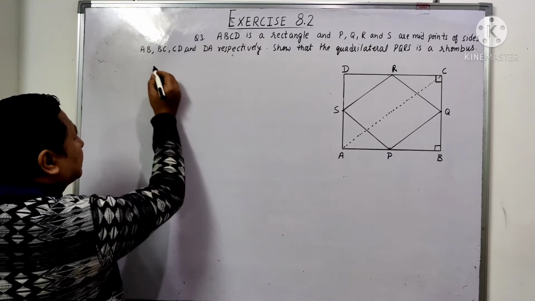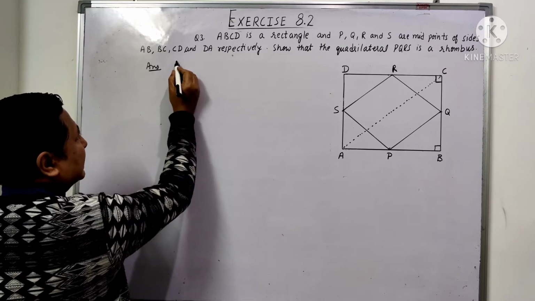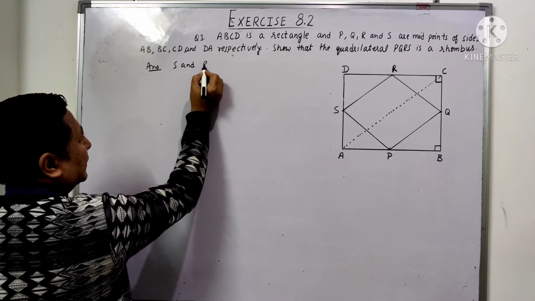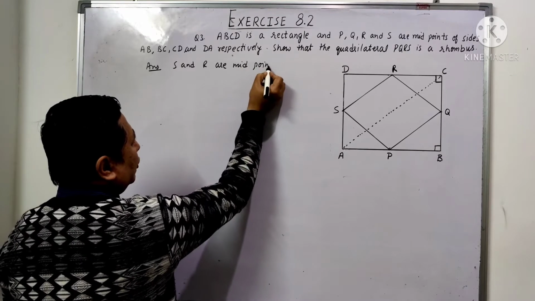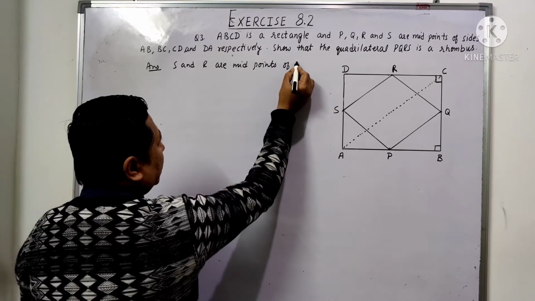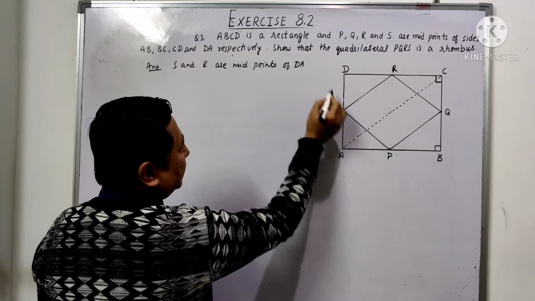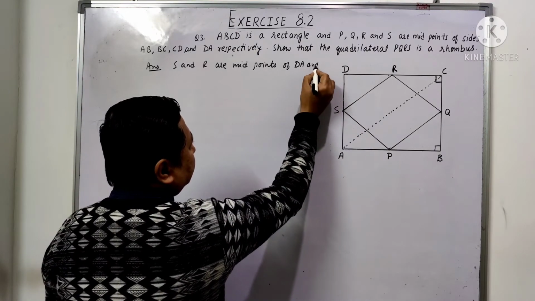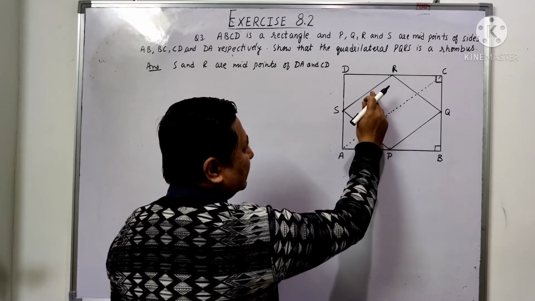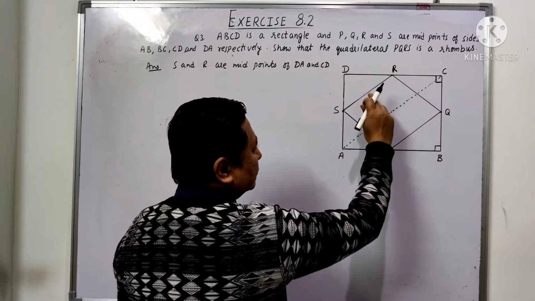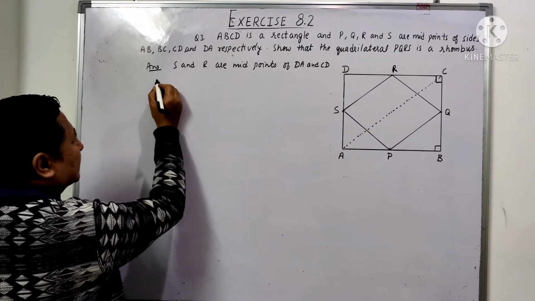We will prove parallelogram. Now in the question it is given that S and R are midpoints of DA and CD. So S and R are midpoints of DA and DC. So SR will be parallel to AC and also equal to half of it.